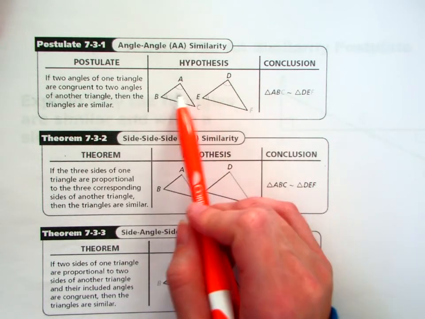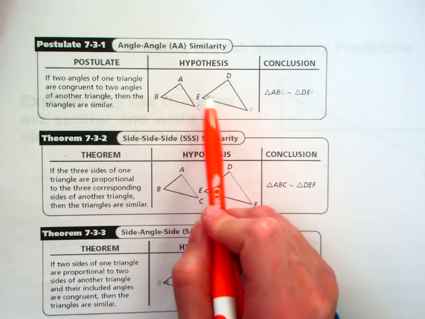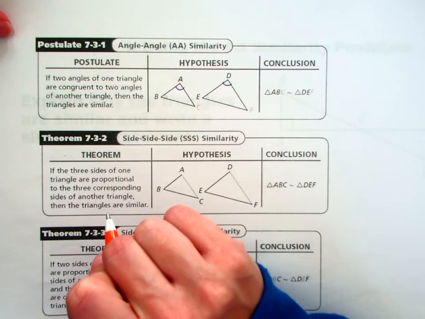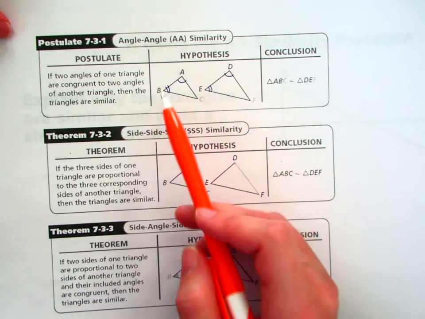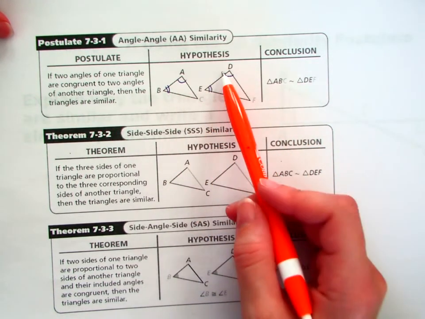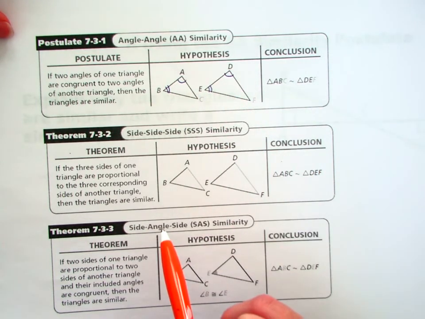In my diagram, angle A and angle D are congruent, and angle B and angle E are congruent. If you can't really see it, let me highlight this. They were both marked once, and this one was marked twice. So I know for a fact that these are our congruent angles. Therefore, I've got two sets of congruent angles within the triangles.